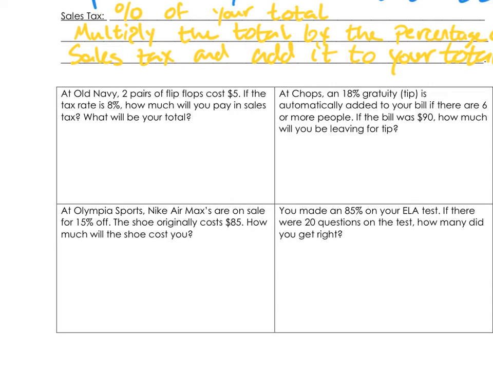All right. So let's start up here with the first one with Old Navy. Okay? It says at Old Navy, 2 pairs of flip-flops cost $5. If the tax rate is 8%, how much will you pay in sales tax? Okay? So, here is what you've got to do. You're looking for the tax.